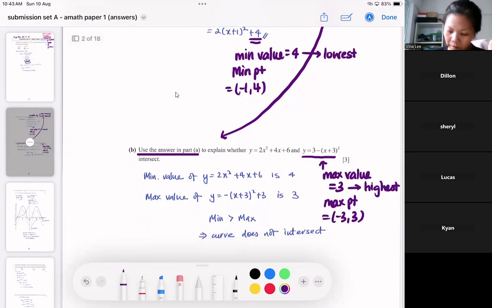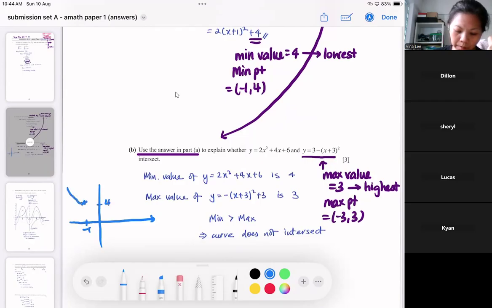If you want a clearer explanation, some students will draw a sketch. Like this is the minimum graph. Then the maximum graph, it's a bit no space, is somewhere here.